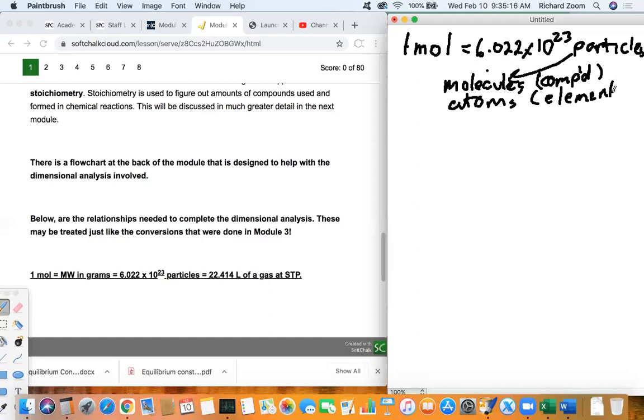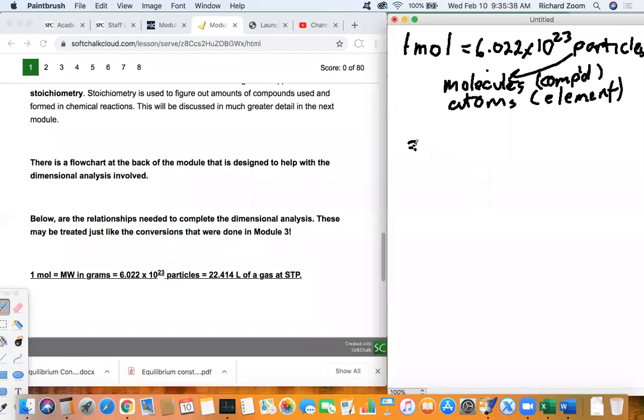It's pretty easy to tell the difference between a compound and an element. An element will just be by itself as a single atom, and a compound will be a combination of 2 atoms. It could be 2 of the same atom as well, possibly, but that's what we're looking at. Either molecules for a compound, atoms for an element. That's going to be important later.